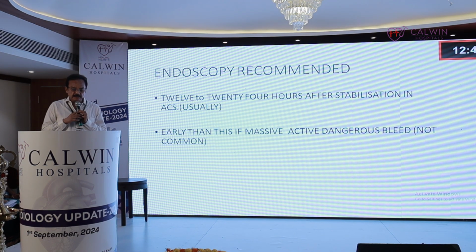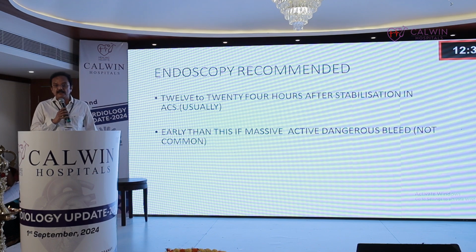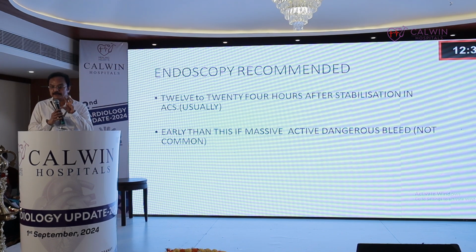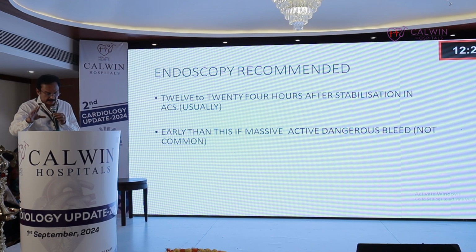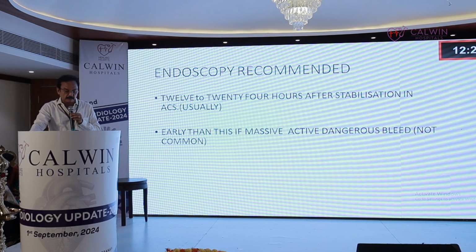And there is a definite role of endoscopy in all patients with GI bleed. Whether to do it immediately or later in a stable patient, whether to do angiogram or endoscopy first, is still controversial.